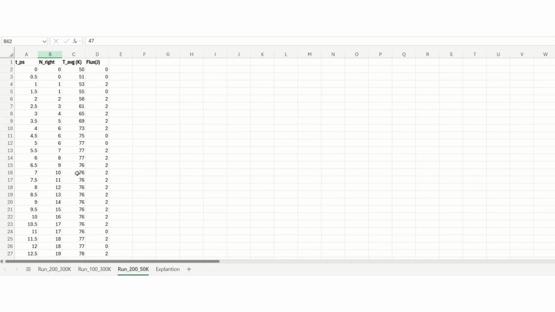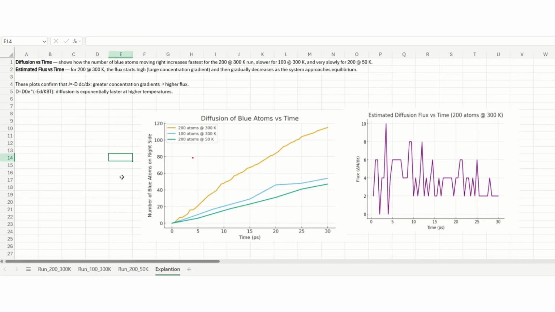and this clearly shows the effect of temperature on diffusion behavior. So now if we go over here and look at the graphs, this is the diffusion of the atoms versus time. Here are the 3 different runs, and this is the diffusion flux on the first run that we had, which is the 200 atoms at 300 Kelvin.